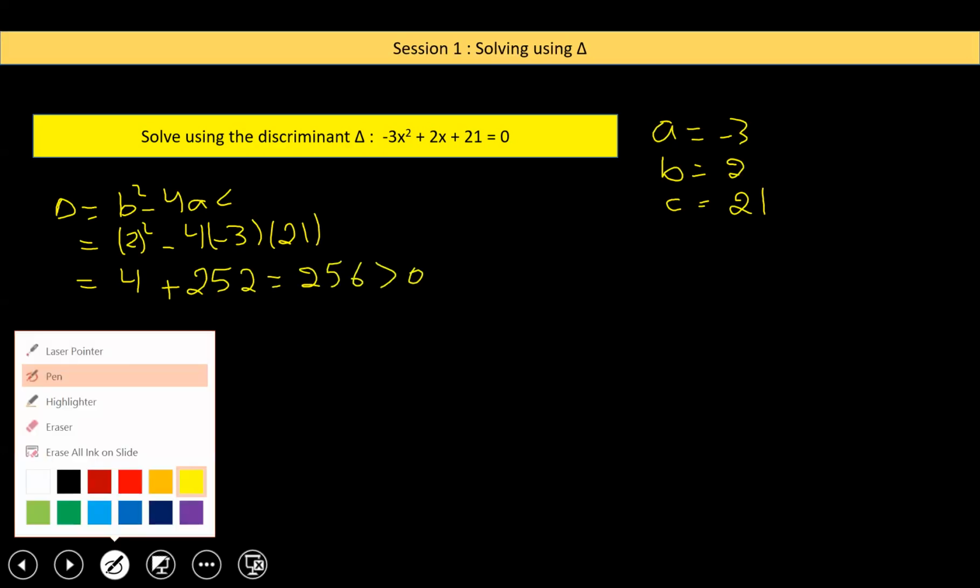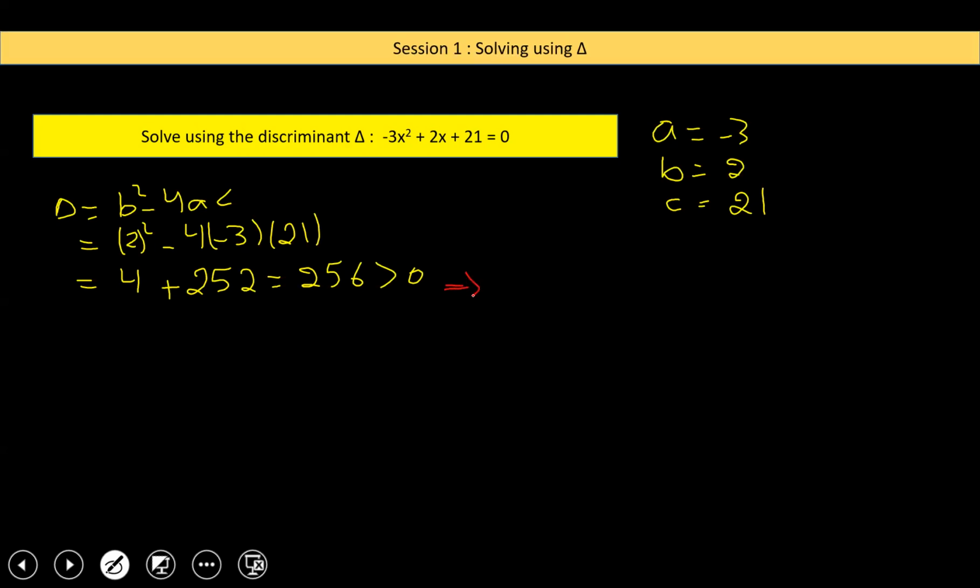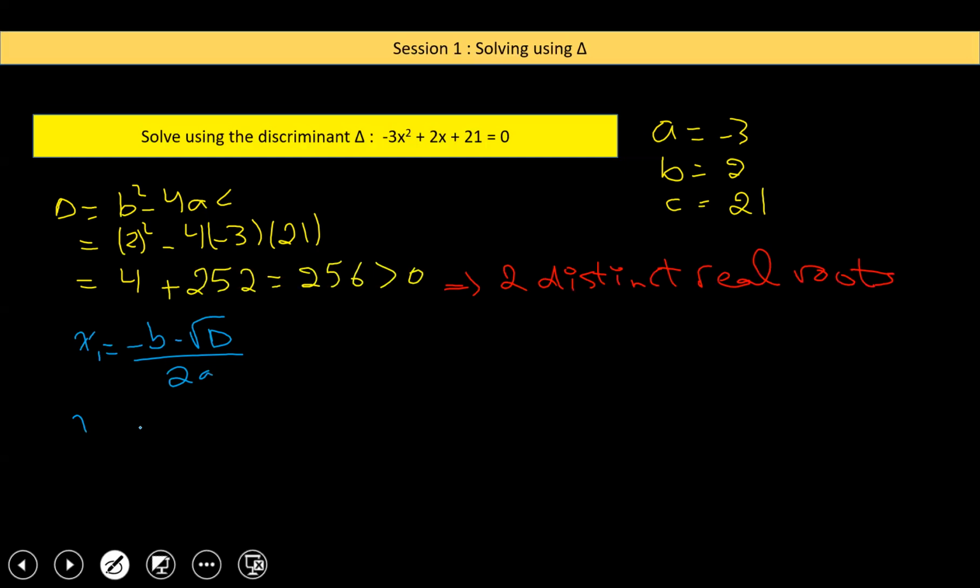What does this mean? This means that we have two distinct or different real roots. What are these roots? We know that the first root is minus b minus radical delta over 2a, and the other one is minus b plus radical delta over 2a.